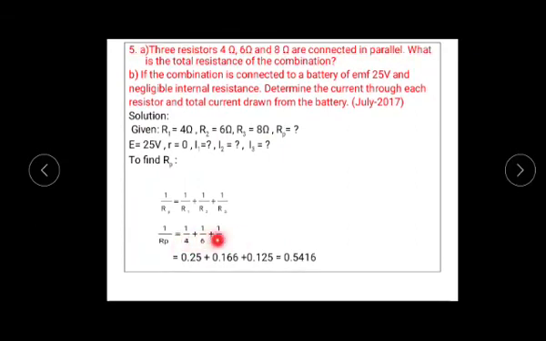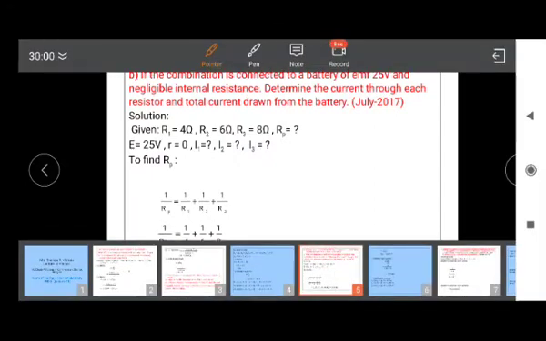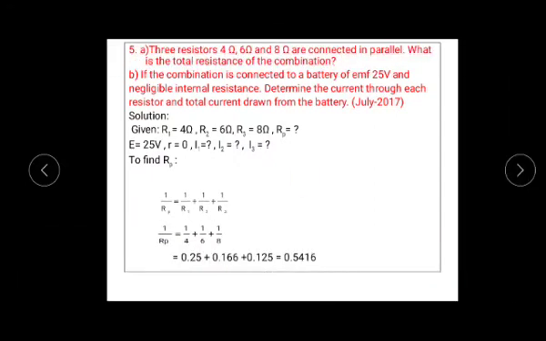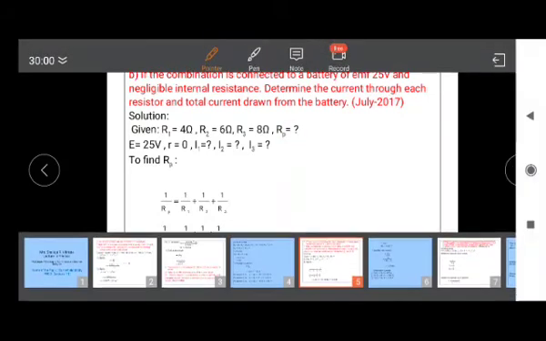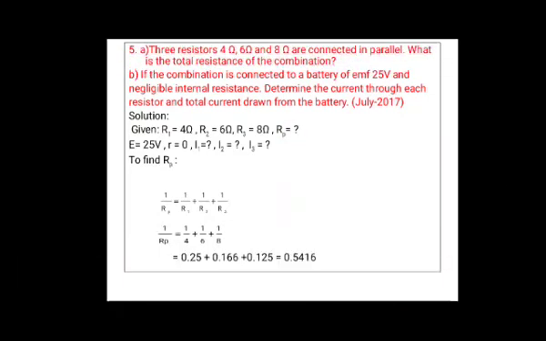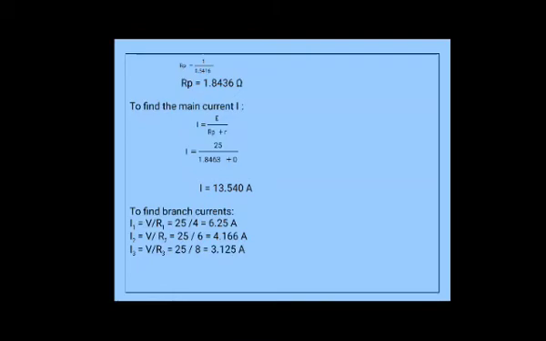This you can solve either by taking LCM, or since you are using a calculator, directly write the 1 by 4, 1 by 6 and 1 by 8 values. Then add it. So 0.25 + 0.166 + 0.125. Add it, you will get 0.5416. This is the value of 1 by Rp. So you have to find out Rp by taking the reciprocal of it.